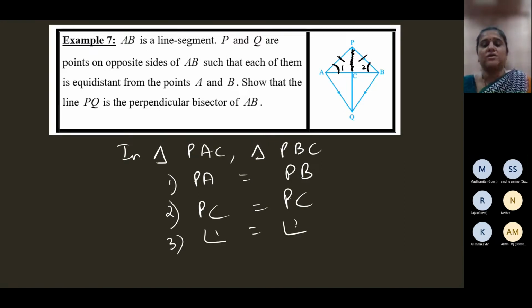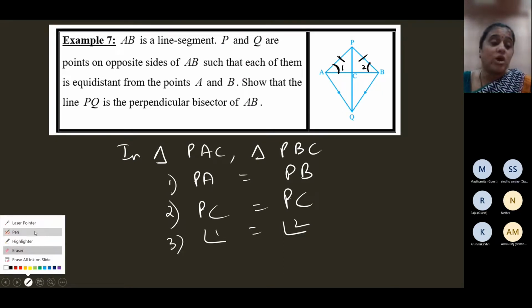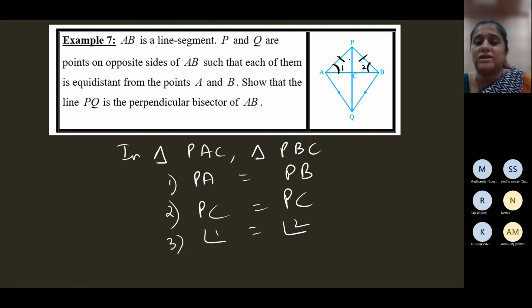Yeah. Now what rule does it make, children? Angles opposite to equal sides are equal. No. What congruence rule does it make now? We have mentioned that this is the common side. This side is equal to this side, and this angle is equal to this angle.